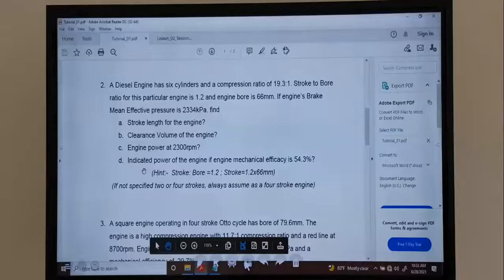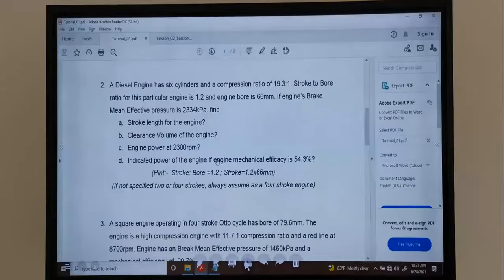So now we have found the brake power. Find the indicated power of the engine if the engine mechanical efficiency is 54.3. We already did this kind of question. We have to find the indicated power, but we know the brake power. This is simple.